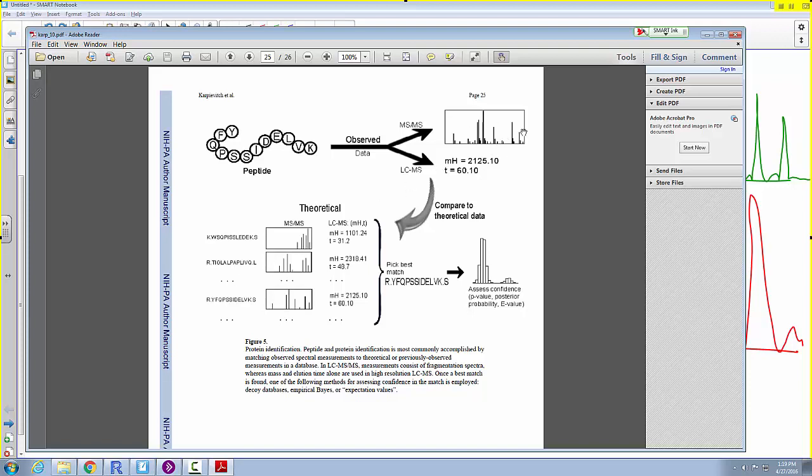So based on this picture, we didn't know the sequence, but we saw these data, we compared to a database, and we identified it as this peptide. We may be right or we may be wrong when we identify. Just like when we do next-generation sequencing, we may make sequencing errors, we may misalign to the wrong part of the DNA. We would like to be able to assess how confident we are, or we can be.